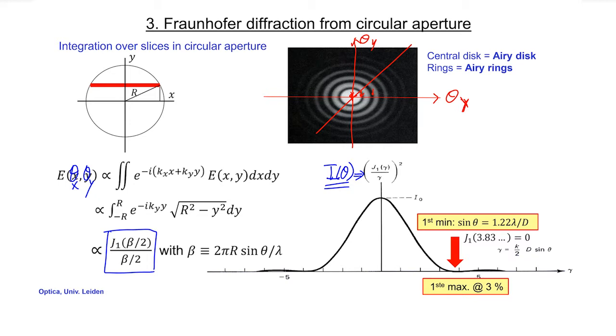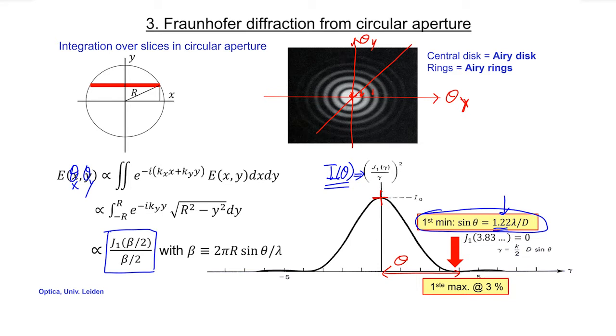And if you look at the precise pattern, at the angular distance between the central maximum and the first minimum, a distance that we typically call the diffraction angle, then you find an expression that looks a lot like the expression sine theta is lambda over d for the slit, but now there is a prefactor 1.22.